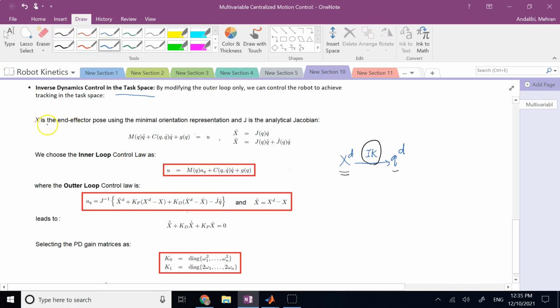Again, x is the end effector pose, and pose means position and orientation both. J is the analytic Jacobian here, so we assume that the pose is the end effector position, r, and the end effector orientation, alpha, where alpha is the minimal orientation representation.